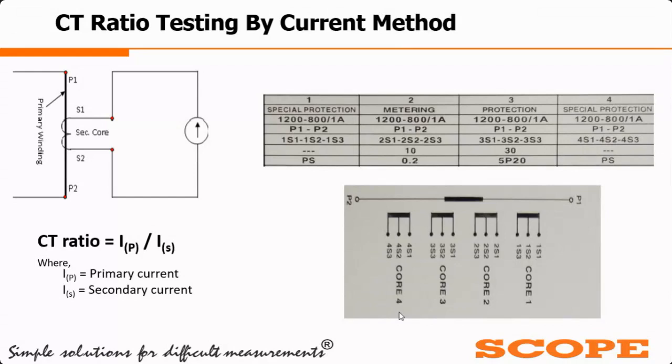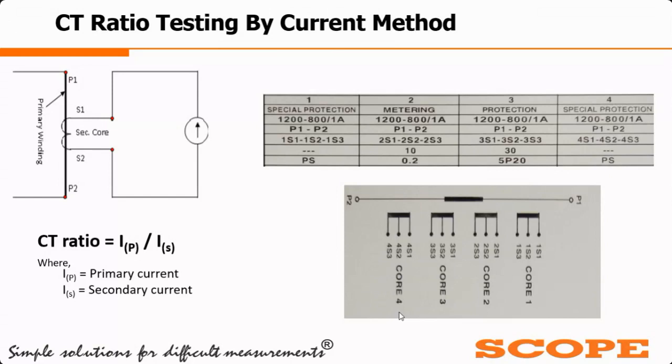Okay, and if we have to measure the relationship with respect to 800 ampere current, in that case we need to inject 800 ampere from P1 to P2, and accordingly we need to measure the CT secondary current from tap 1S1 to 1S2.